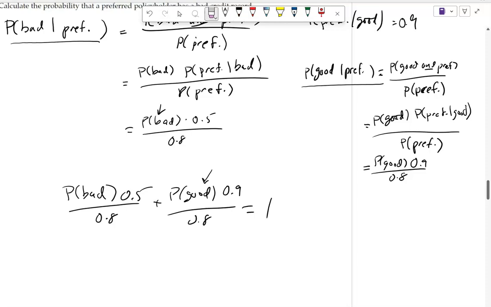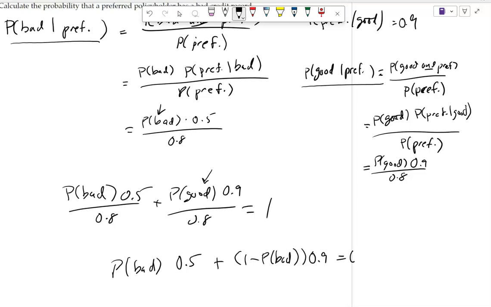Well, notice, by the way, I'm just trying to get to this number, aren't I? I do need the number. It's that chunk that we need. Your probability of bad times 0.5 plus 1 minus the probability of bad times 0.9 equals 0.8. I just cleared the fraction. Multiply both sides by 0.8.